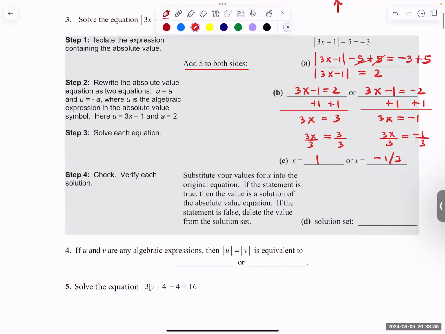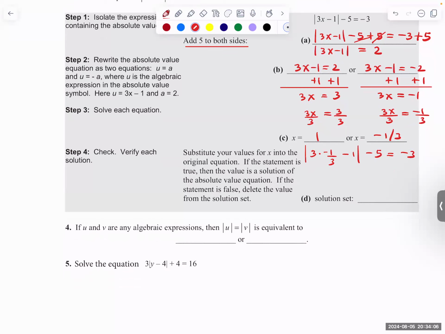Step 4, check or verify the solution. Substitute your solution into the original equation to see if we get a true statement or a false statement. So let's verify the negative 1/3. We have absolute value of 3 times negative 1/3 minus 1, absolute value, subtract 5 is equal to negative 3.